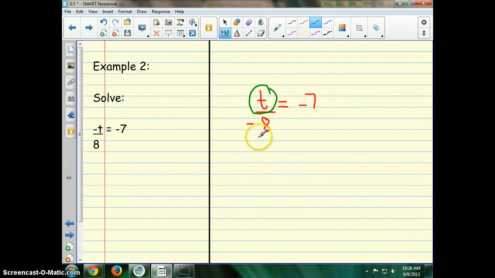To undo division by negative 8, I'm going to multiply by negative 8. Remember that negative carries with. And if we do it to one side, we have to do it to the other side. So we are left with t equals, and a negative times a negative is, you got it, positive. So we have t equals 56.